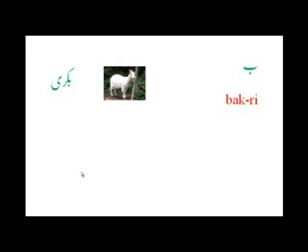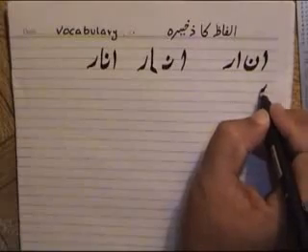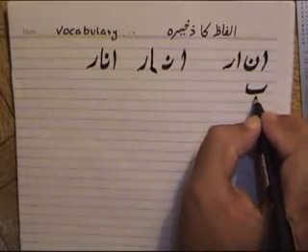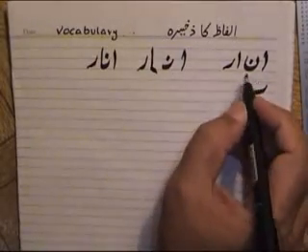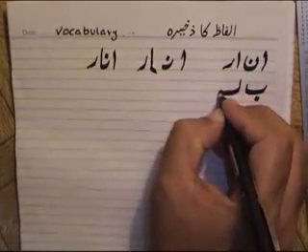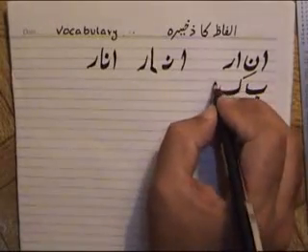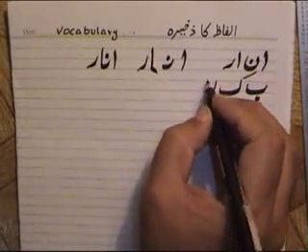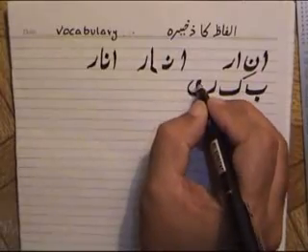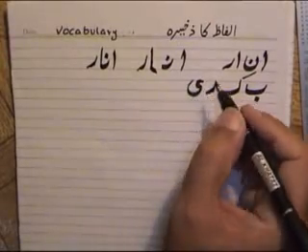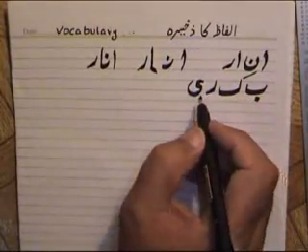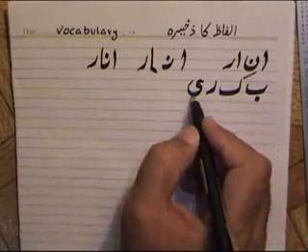Be bakri. So in bakri we need be sound, then kaf sound, then re sound, bak, re, and ye sound, re, because choti ye makes the sound e. So bakri.